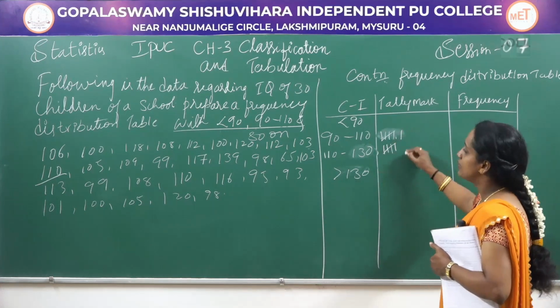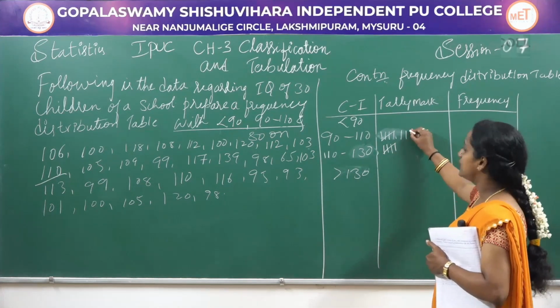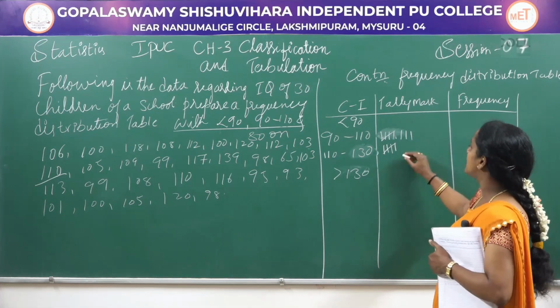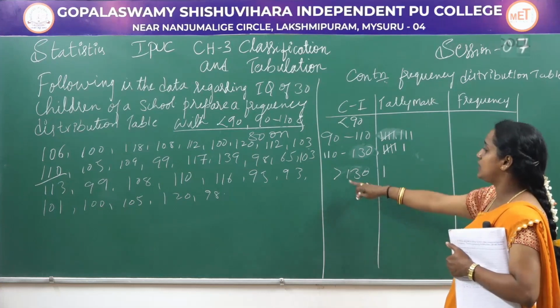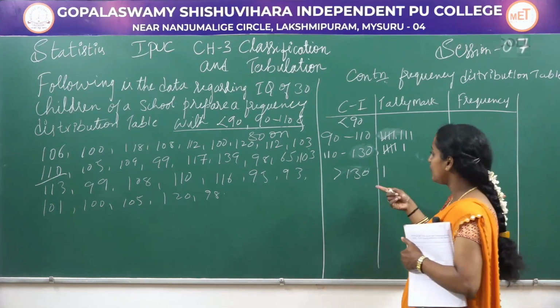Next 105, 109, 99, 117, 139, it is greater than 130, so 139 will come there.